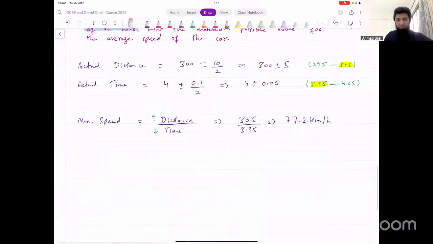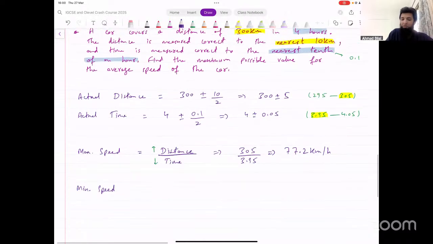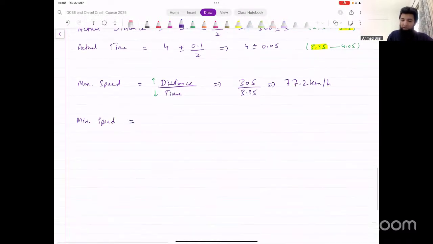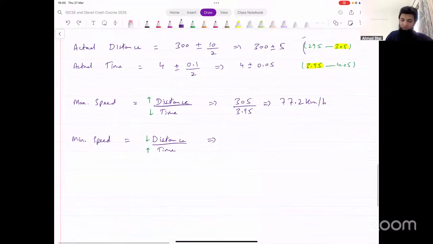Okay, similarly, if in this case we wanted to find the minimum possible value of speed, even though they've not asked about that in this question, but if we had to find that, again, the formula is distance over time. If we want the minimum possible value of speed, we would want the numerator to be as small as possible and the denominator to be as big as possible. So what's the smallest possible value of distance? That's 295.